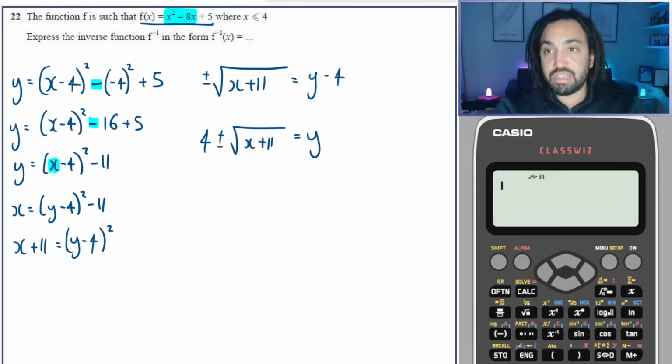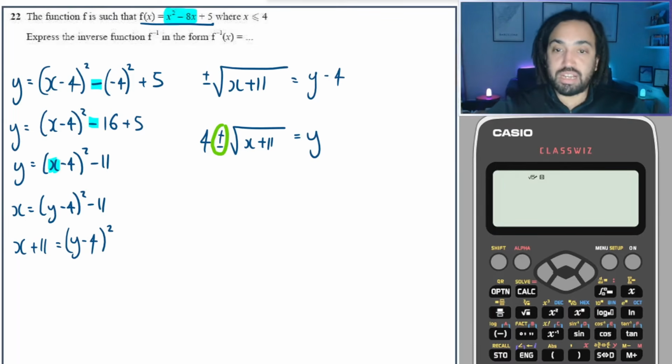Okay, now here comes the tricky bit. Selecting which one. Is it plus or is it minus? It has to only be one, because a function has to have a given output for a given input. So we can't have two different values here. And we're going to look at the domain of the original function.